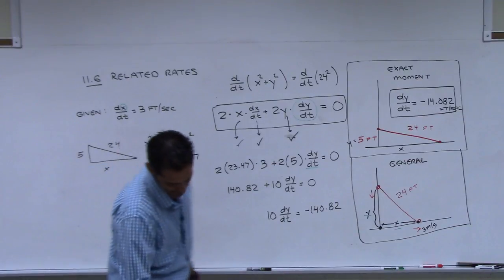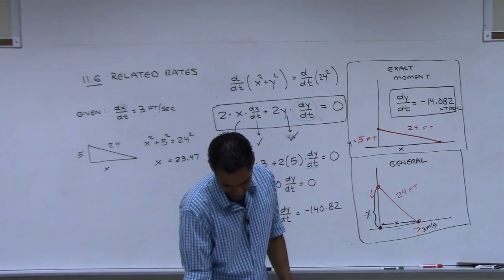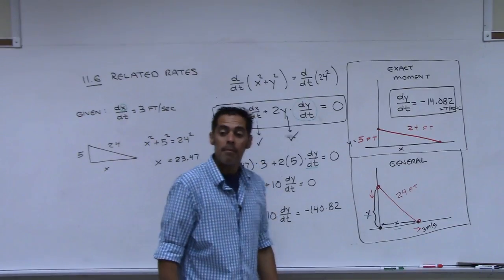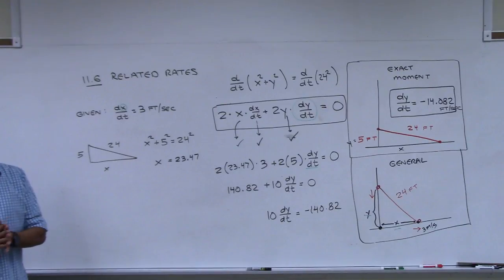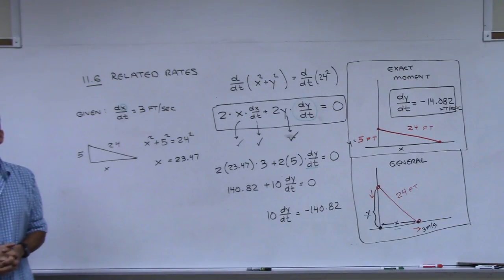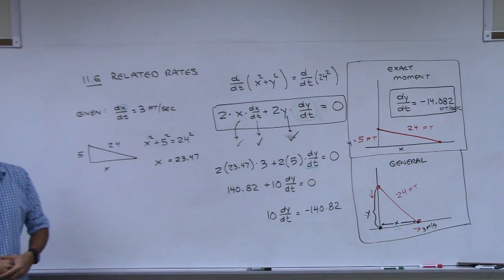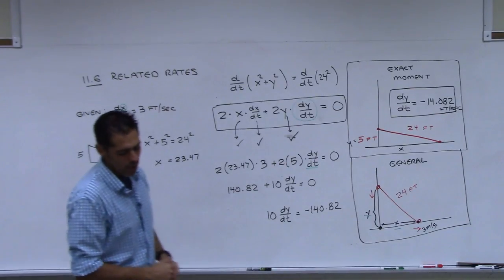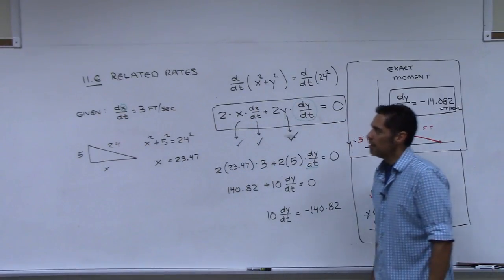And I don't know how deep they go into this. Cylinder, or not a cylinder, but like a cone in the water. Yes, like that, a cone being filled up with water. How fast is the water level rising? Those, I hate those. We probably won't do that here. That's regular calculus.